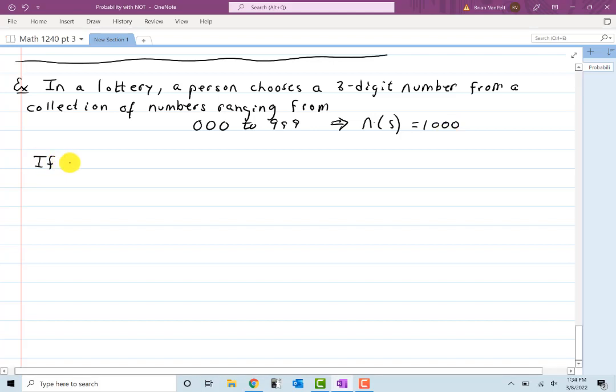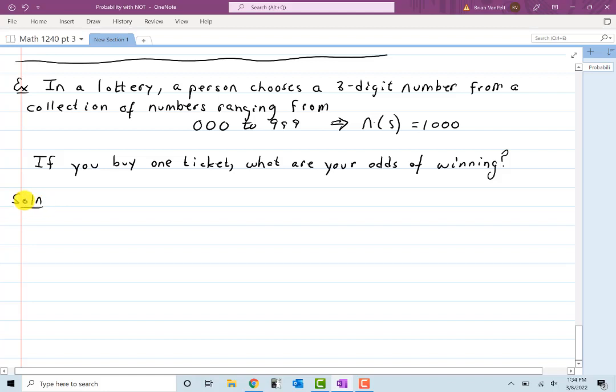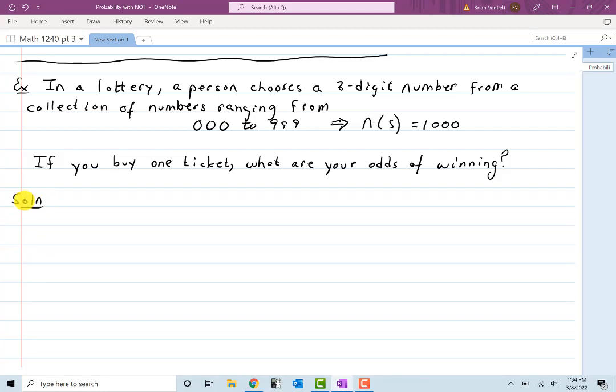If you buy one ticket, what are your odds of winning? For that, let's take a look at how many numbers are favorable to you.